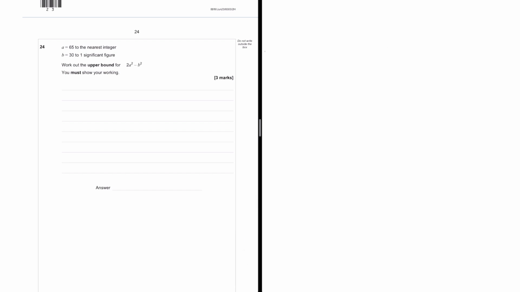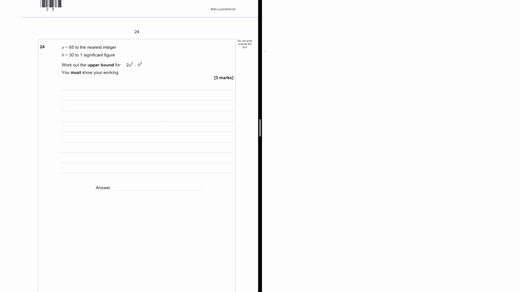Moving on to question 24, and we're told that A is 65 to the nearest integer, and B is 30 to one significant figure, and we need to work out the upper bound for 2a squared minus b. Well, we want A to be as large as possible and B to be as small as possible.